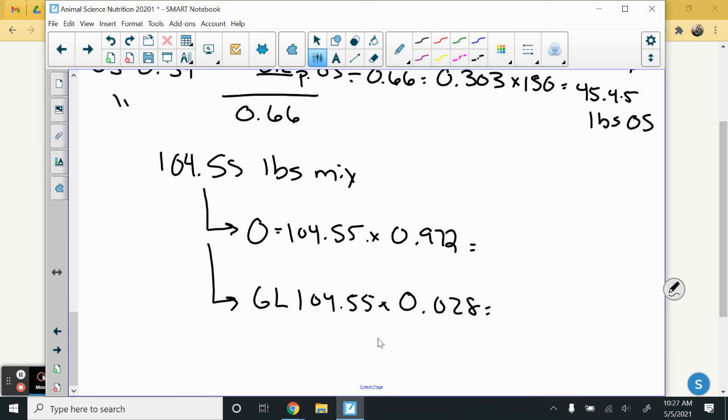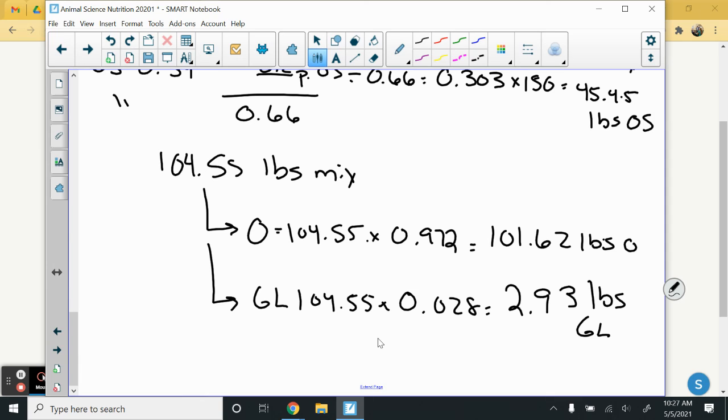And so that should give me 101.62 pounds of oats and 2.93 pounds of ground limestone, plus the 45.45 pounds of oat silage.